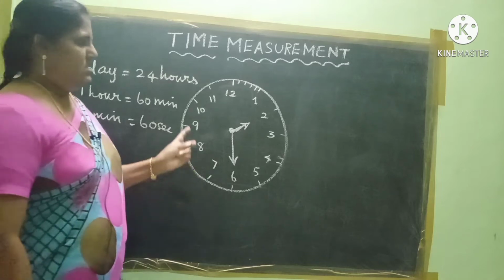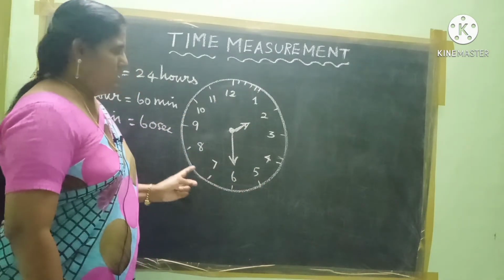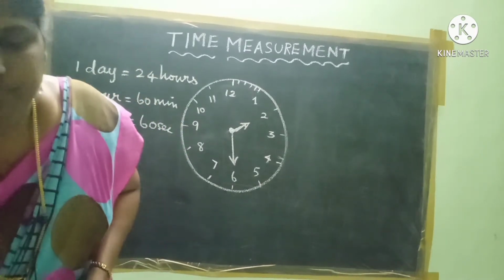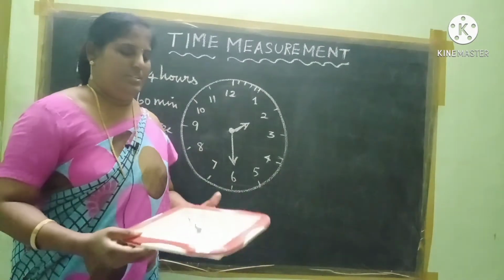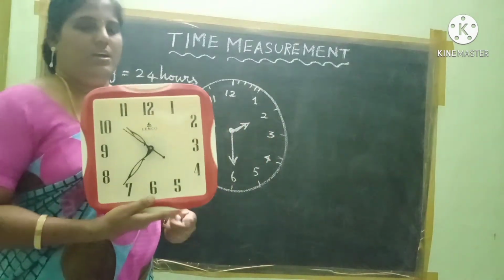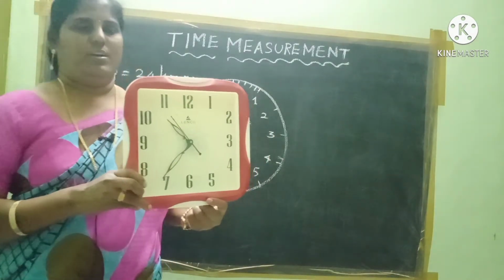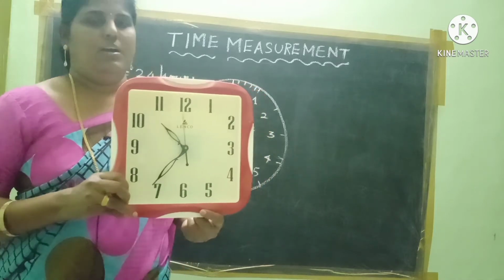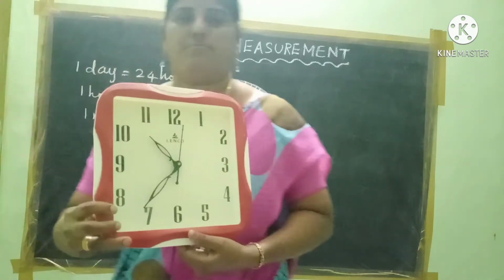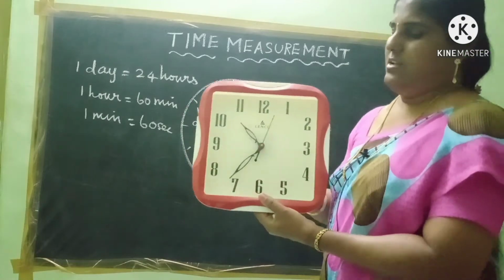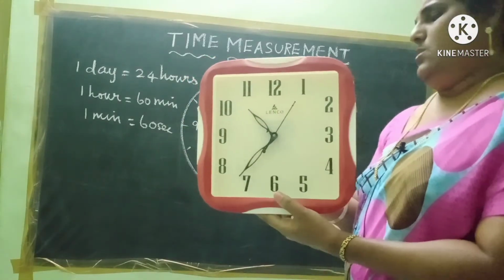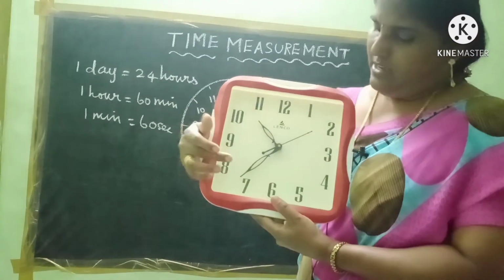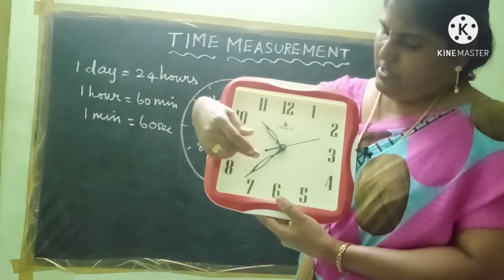Now let us see this clock. Already you know what a clock means. See, this is the clock. You have also seen it at your home, isn't it? This clock contains 3 hands.